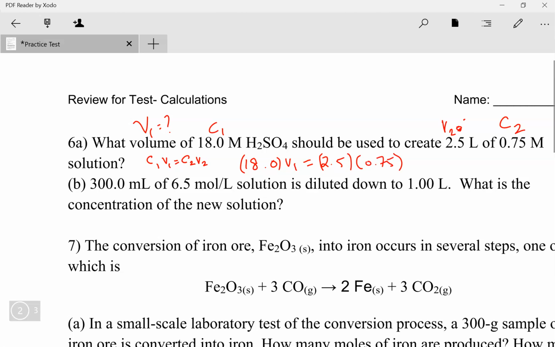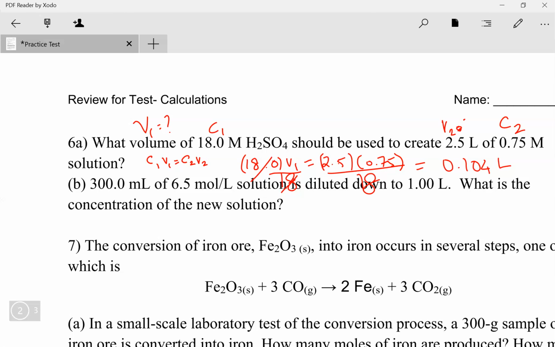So if we do 2.5 times 0.75, we get, let me grab my calculator, 1.875, and then we have to divide both sides by 18 to cancel and isolate for V1. So 2.5 times 0.75 divided by 18 gives me 0.104 liters, which is my answer.